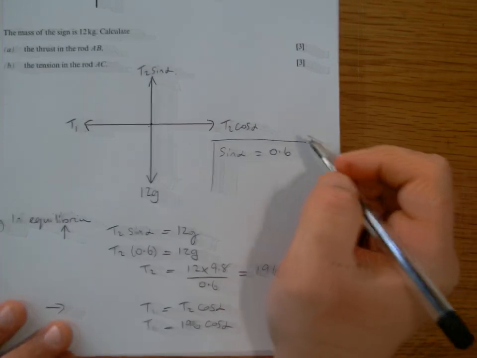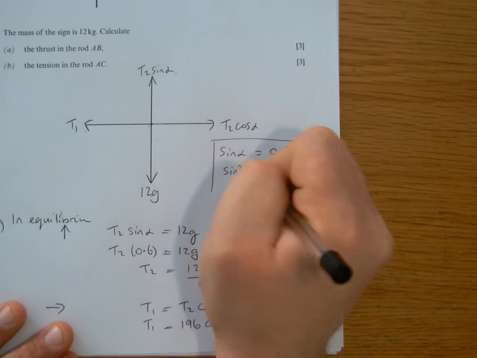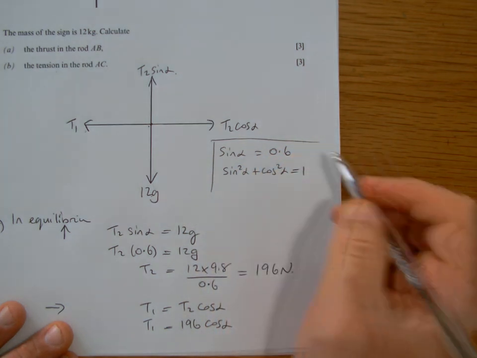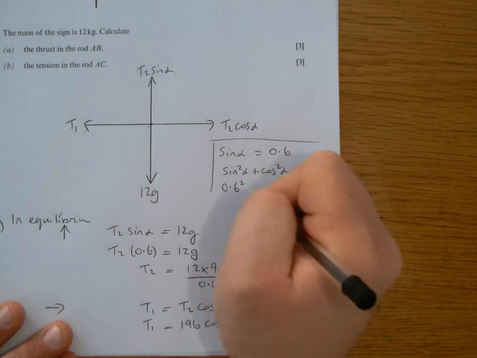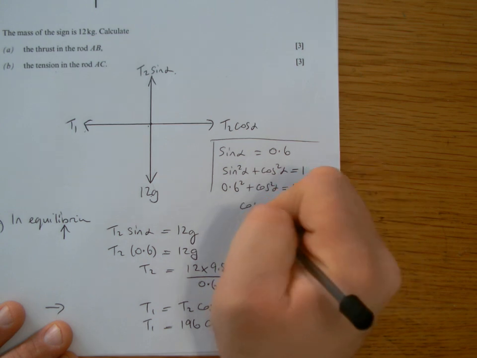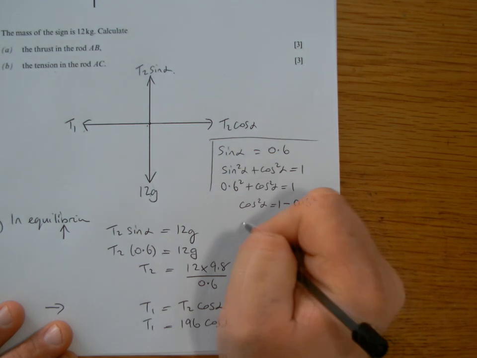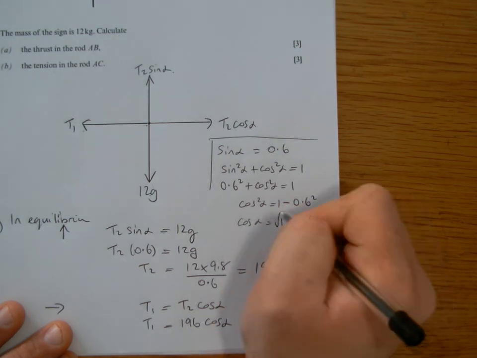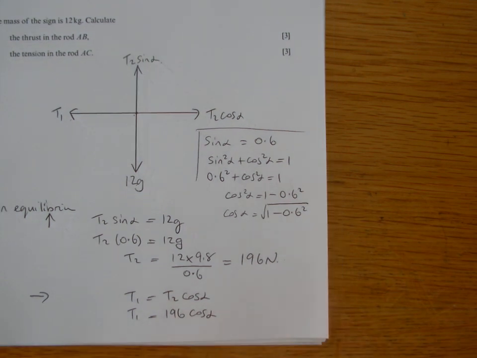What we can use then is the rule that sine squared alpha plus cos squared alpha is equal to 1. So I've got 0.6 squared, which would be sine squared alpha, plus cos squared alpha is 1. So cos squared alpha will be 1 take away 0.6 squared. And to get cos alpha, we just square root, take the positive, and we get the answer for cos alpha.